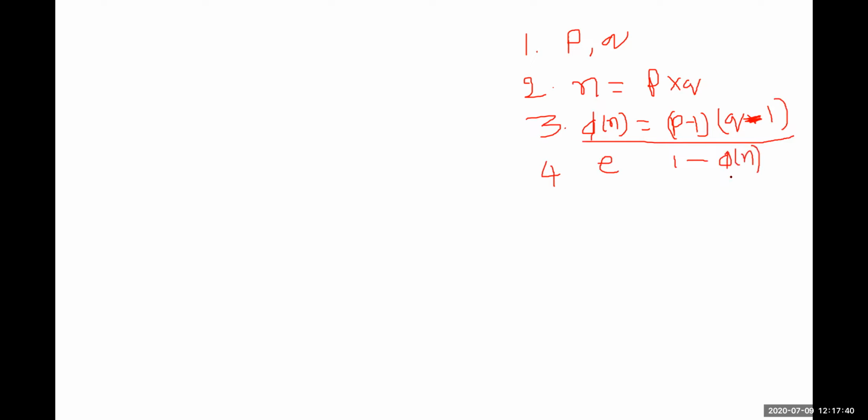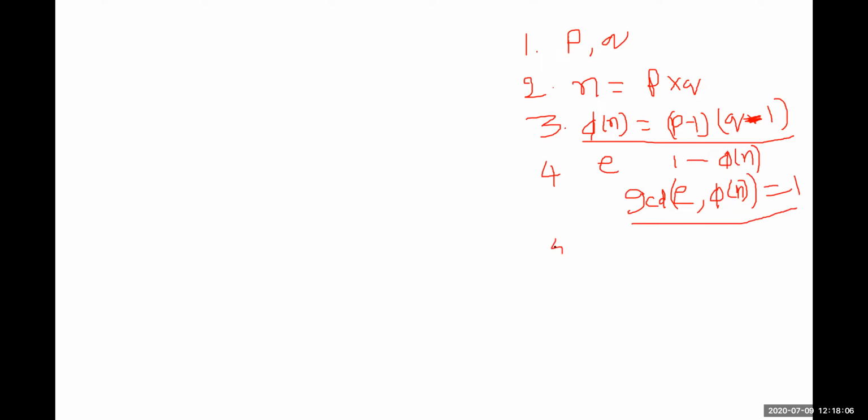You have to select one particular value such that the GCD of E comma phi of n must be equal to 1. You must select by following this equality.